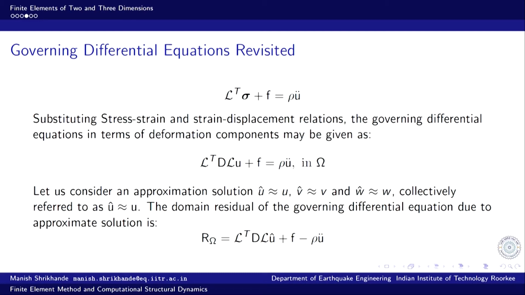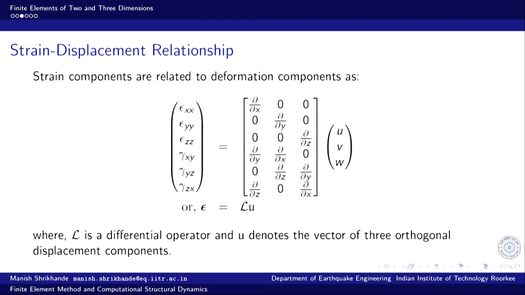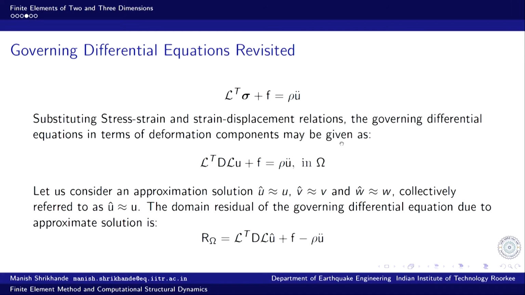So, the domain residual of the governing differential equation due to the approximate solution is given by r omega equal to L transpose D L u hat plus F minus rho u double dot. L is the familiar differential operator that we saw here, which relates strains to displacements.